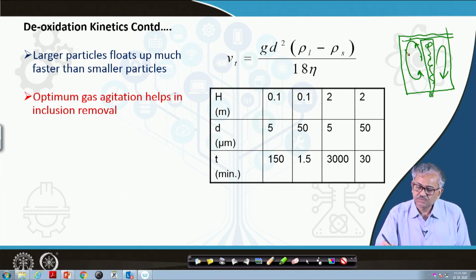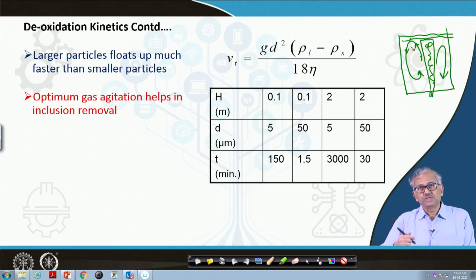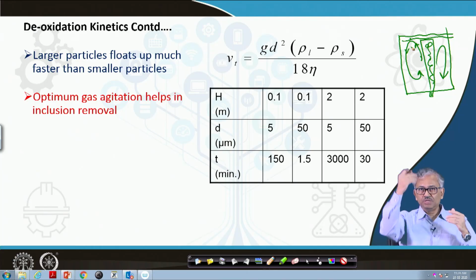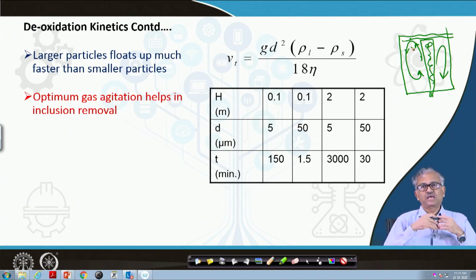Now this velocity is very important, the velocity at which the liquid is coming. If the velocity is very high, the inclusion may not be released into the slag, because it will have so much inertia that it will not be allowed to be absorbed by the slag.